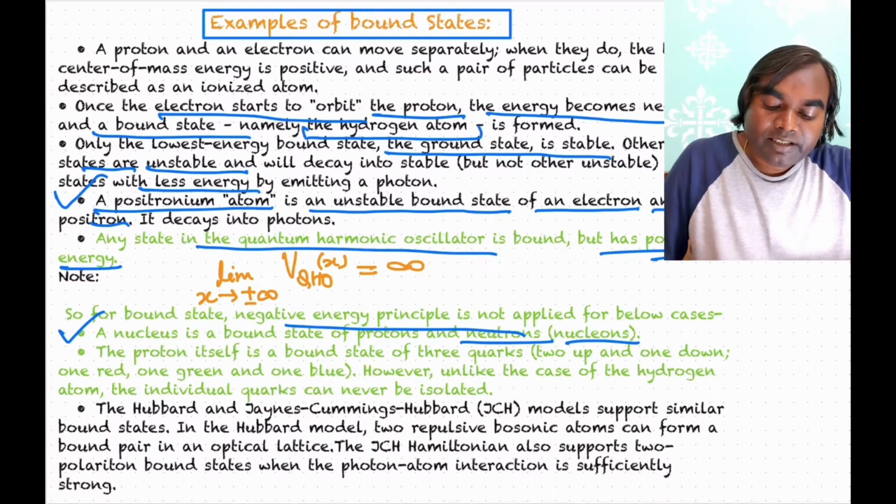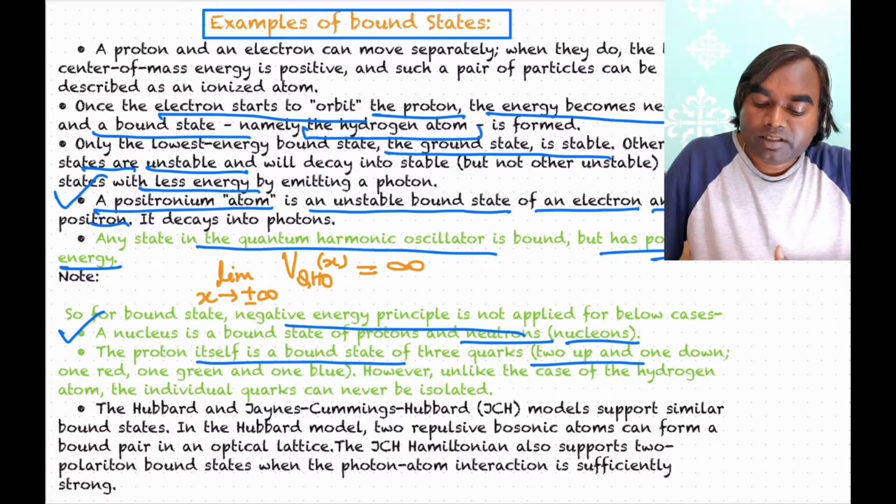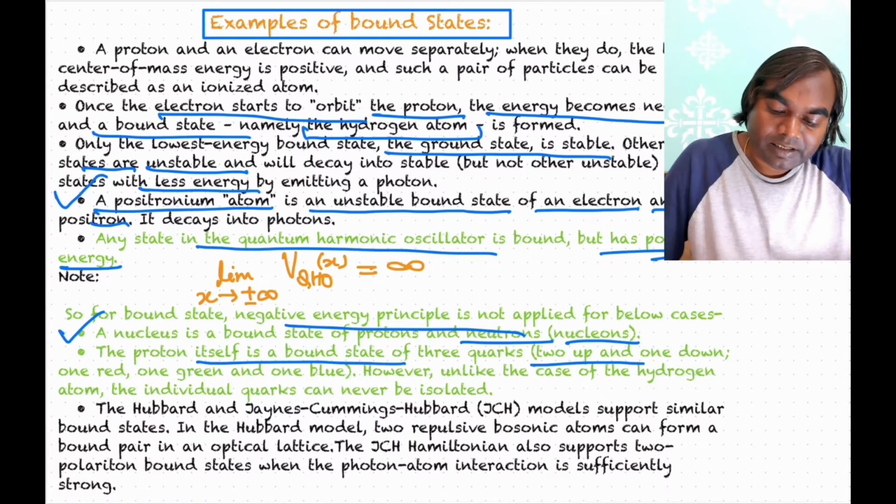of protons and neutrons, forming the nucleons. The proton itself is a bound state of three quarks. So you know protons and neutrons are made up of quarks. The proton is made up of two up and one down quarks, and the quarks are red, green and blue. In that case their energies are positive but they are also bound states.